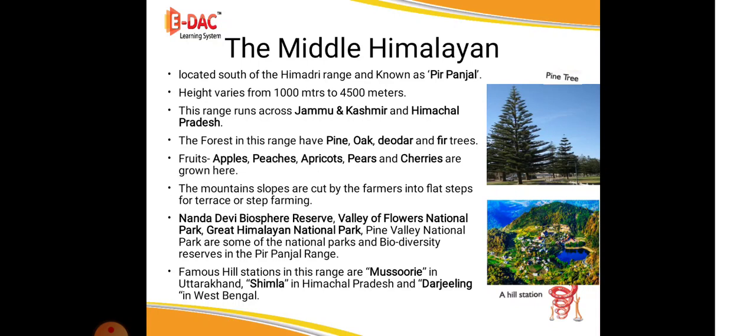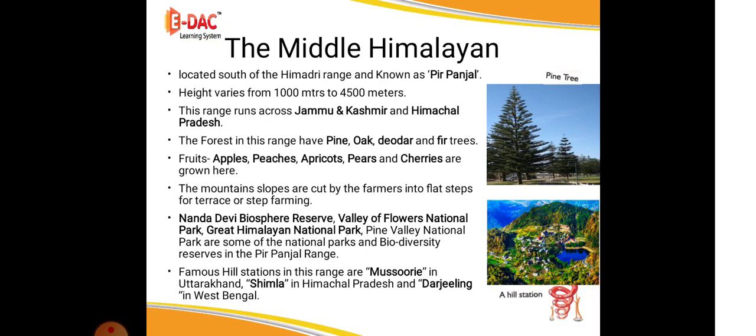The forests in this range have pine, oak, deodar, and fir trees. Fruits like apples, peaches, apricots, pears, and cherries are grown here.